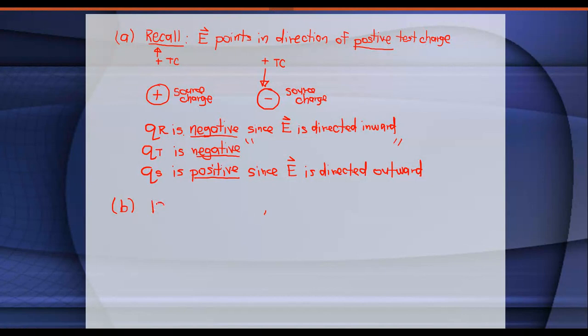Okay, so we could say the magnitude of QS is greater than the magnitude of QR, and it looks like QR and QT have about the same magnitude.